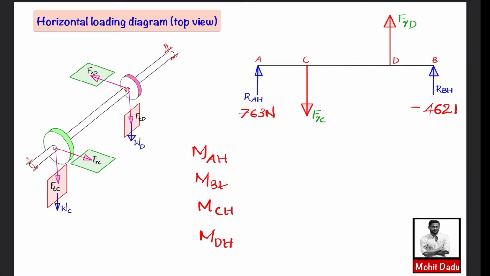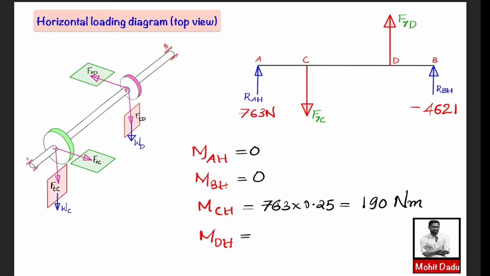Already we know the bending moment at A and B is 0, and at C you can evaluate by looking onto either side of C. If you are looking onto the left side, the only force is 763 Newton into 0.25 meter, and this will give you the bending moment as 190 Newton meter.